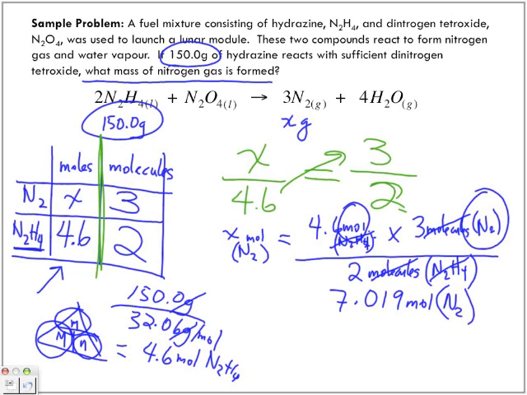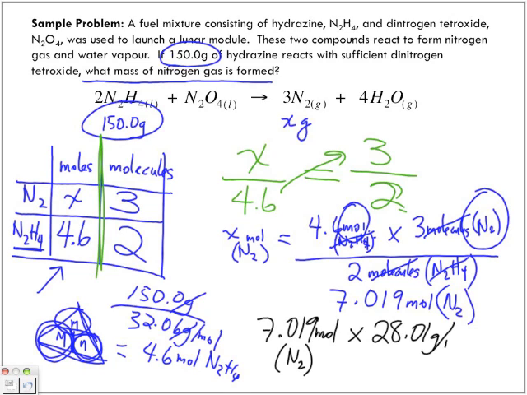So again, we use this relationship, but we're given the moles. We have to find the molar mass. So we are going to multiply what we just found, moles of N2, times the molar mass of nitrogen gas, which is 28.01 grams per mole.